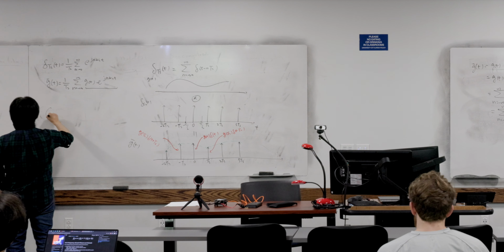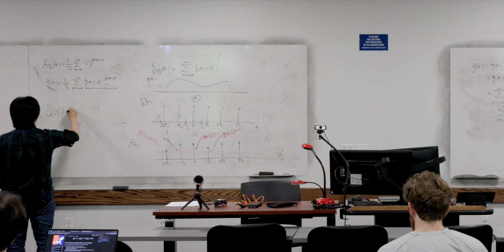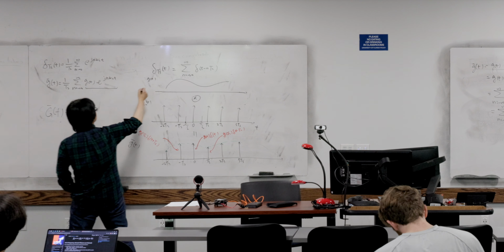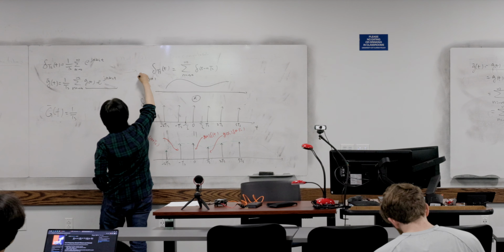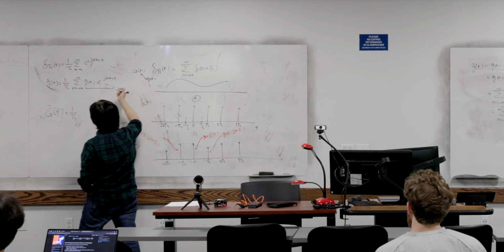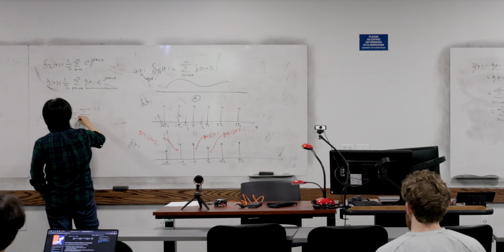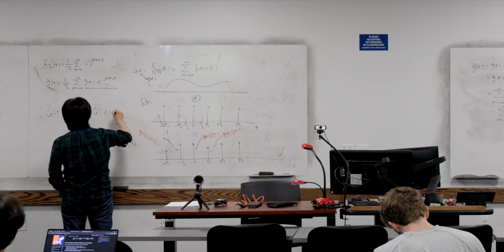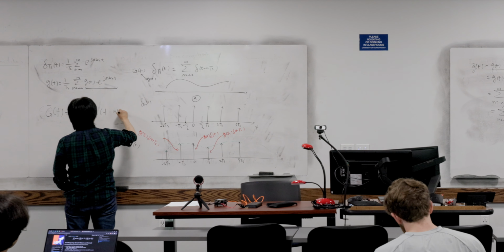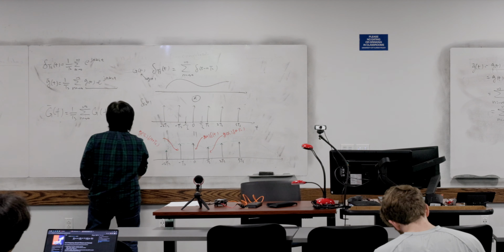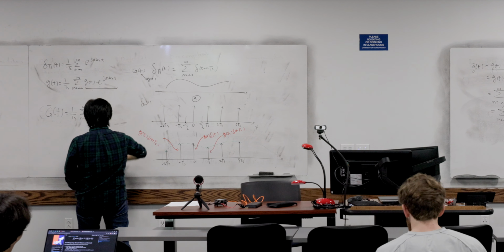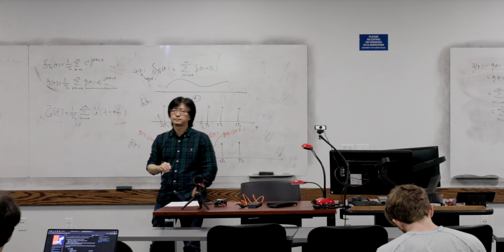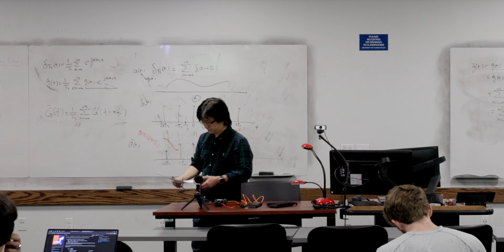So its Fourier transform equals what? Basically 1 over Ts, and we assume its Fourier transform of g is G(f). So that's nothing but, let's say, n, and we have G(f minus n omega), no, let's use f, G(f minus n Fs).